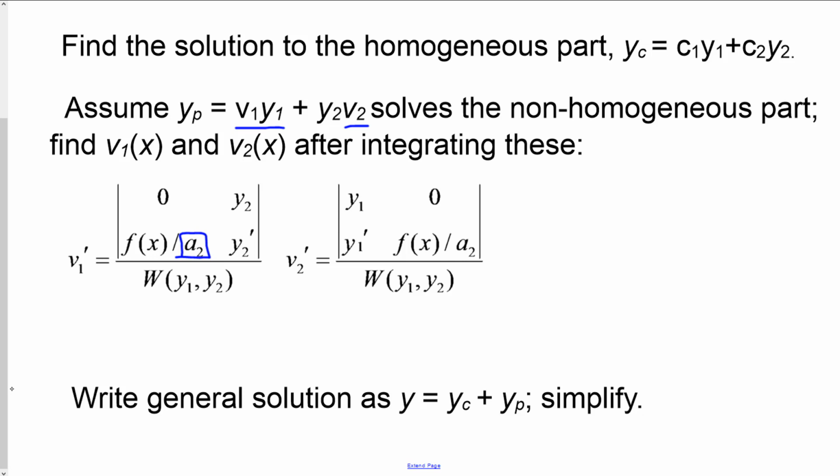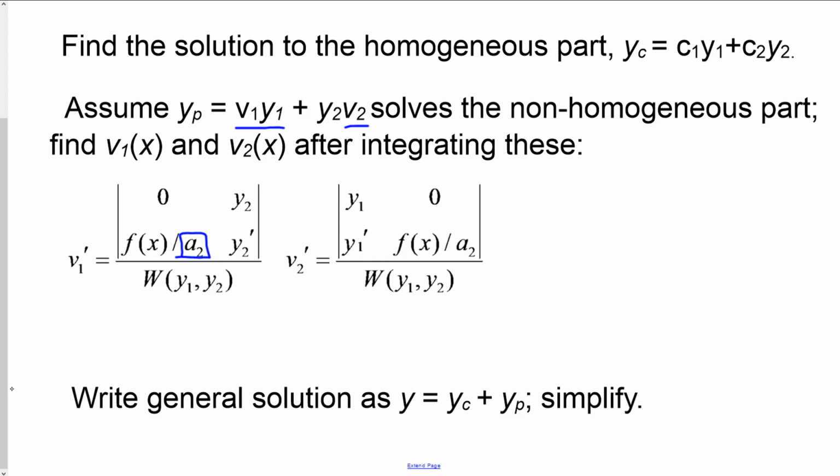If that's a constant coefficient of 1, then you won't have to worry about it. But if it's anything else, including sometimes Cauchy-Euler differential equations that might have x squared times y double prime, you have to use that here. So that function of x, that is the coefficient of the highest order term, goes in the denominator under f of x. Then you find the determinant on top, divide it by the Wronskian, simplify as much as you can, and then integrate to find v sub 1.